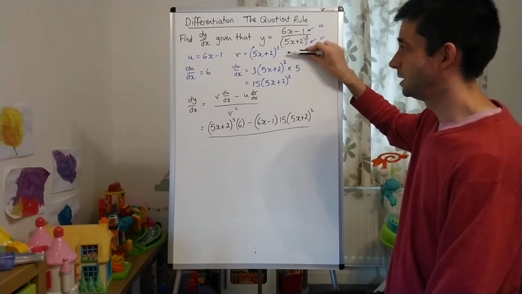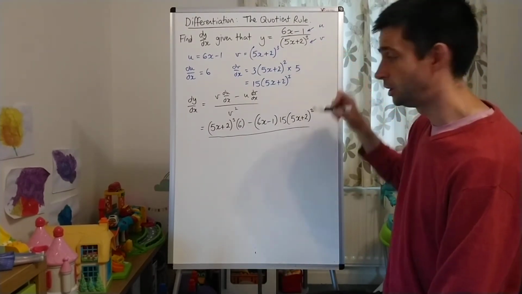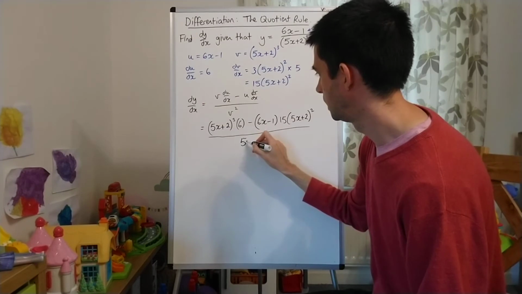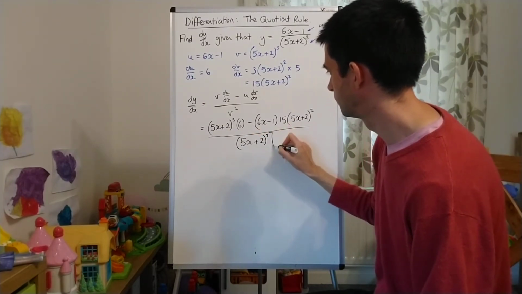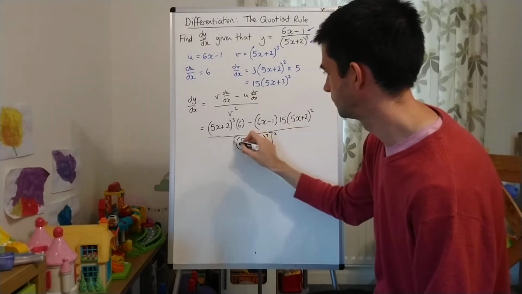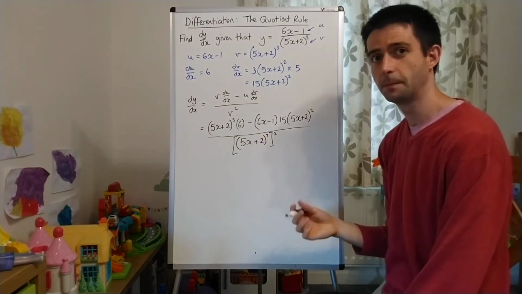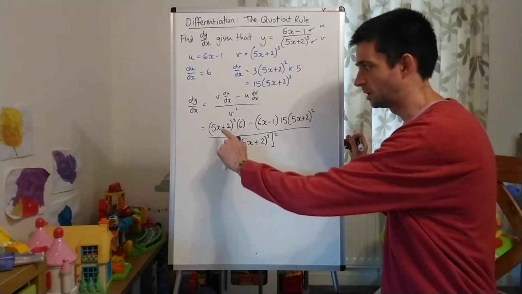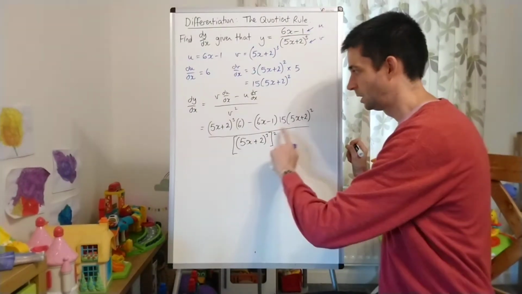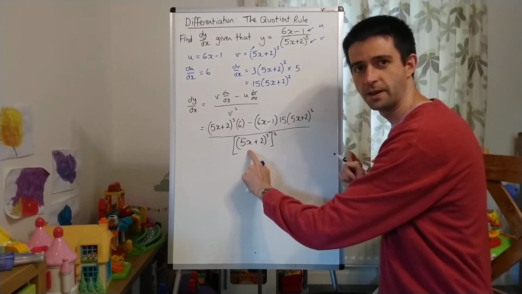Now v is (5x plus 2) cubed, so (5x plus 2) cubed, squared. I'll simplify that in just a moment. Now, what you can probably see here is I've got 5x plus 2, 5x plus 2, 5x plus 2.